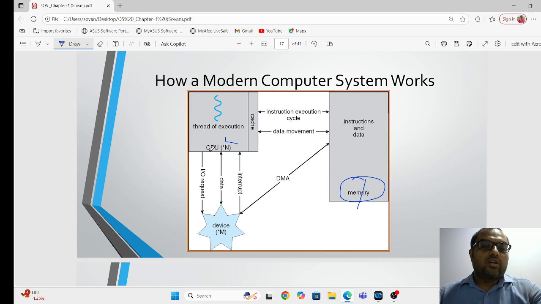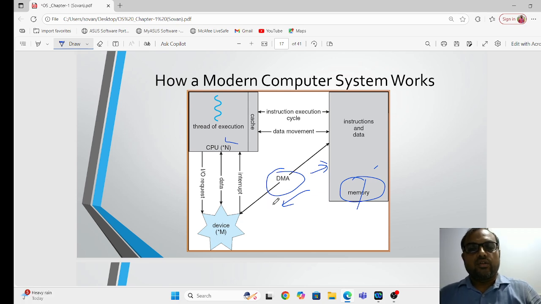Or the CPU sends a request to store the data directly to the memory. This time the CPU sends the request to the device, and then the DMA controller will be active, and the data will be stored or fetched. This is how it happens.